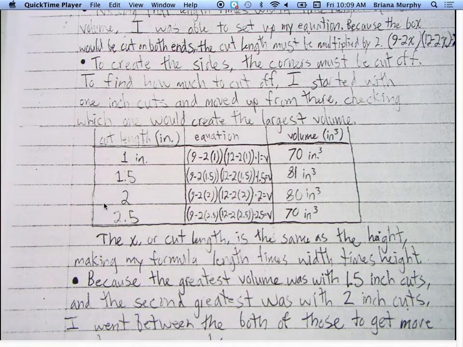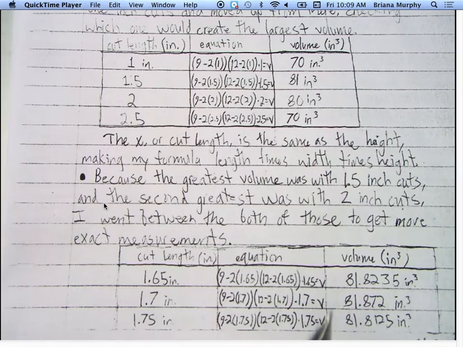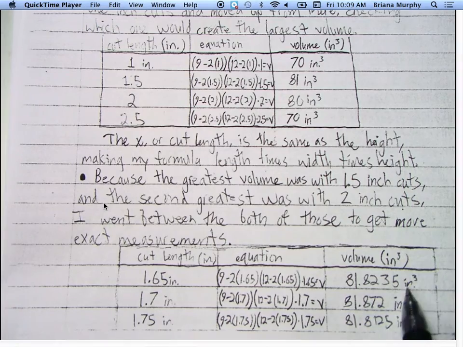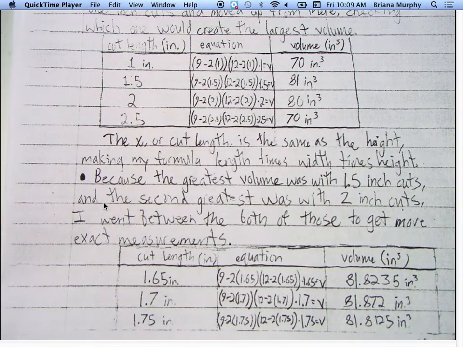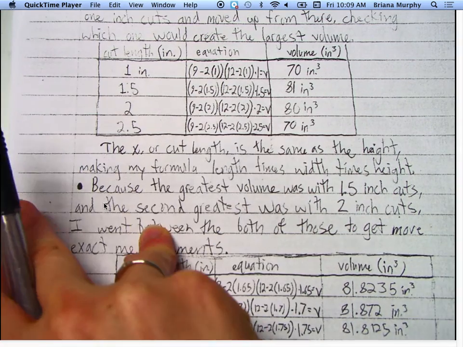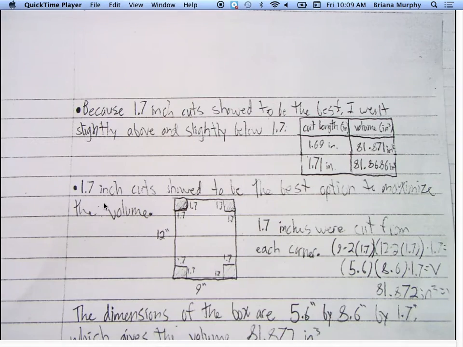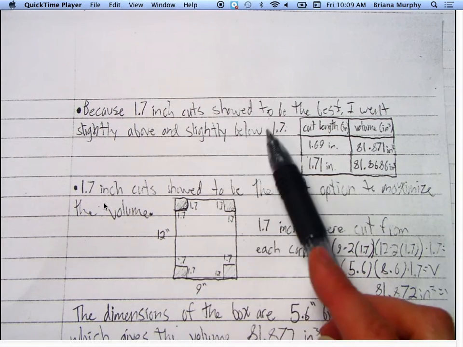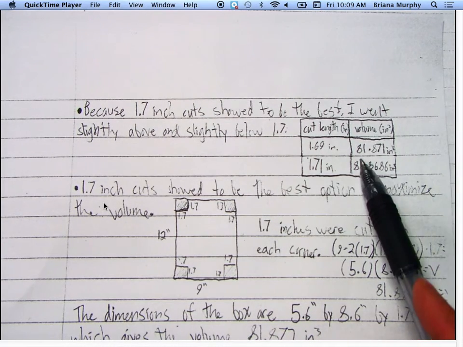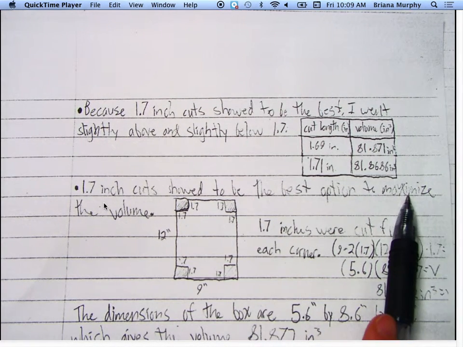A lot of you graphed this. You could have done it guess and check like this, but you could have had a beautiful graph. 1.65 gave me this volume, 1.7 gave me this volume, and 1.75 gave me this volume. Because 1.7 inch cuts showed to be the best, I went slightly above and slightly below 1.7. 1.7 showed to be the best option to maximize the volume.